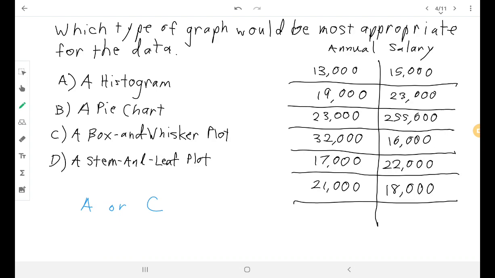If you're trying to get more out of it, like how things really map out, what's the range of things, where is most of the salaries, stuff like that, a box and whisker plot would be at least as good, maybe even a little bit better. It sort of depends. So I would say either A or C. They both have their advantages.